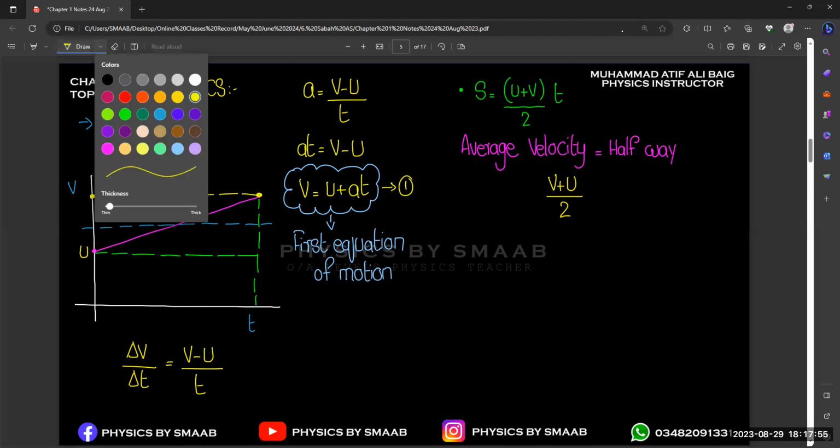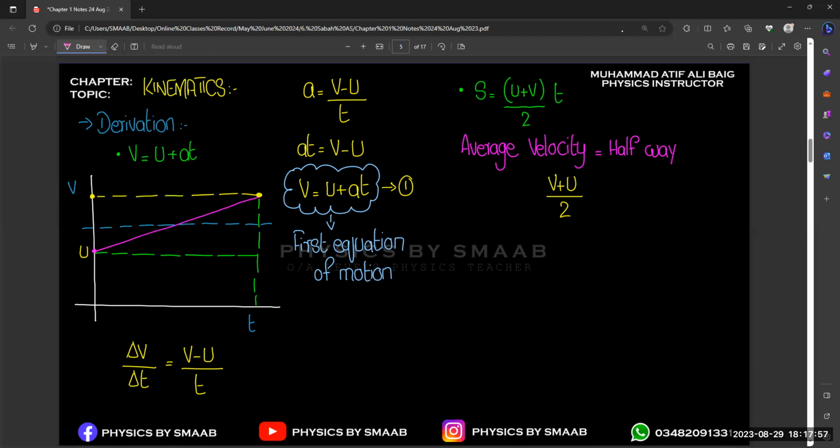And the second concept that you need to follow for the second equation is, if we need to find the displacement or distance, then distance or displacement will be equal to average velocity multiplied by time.